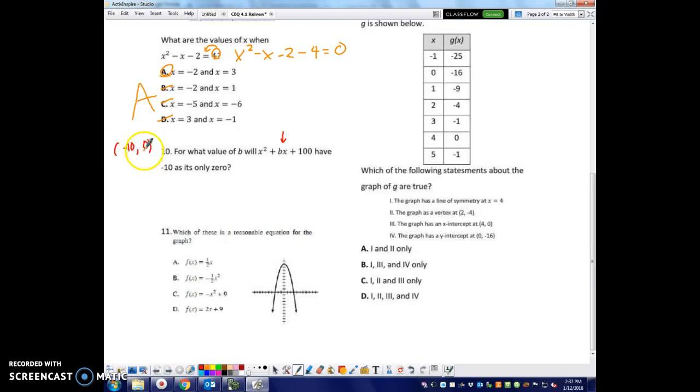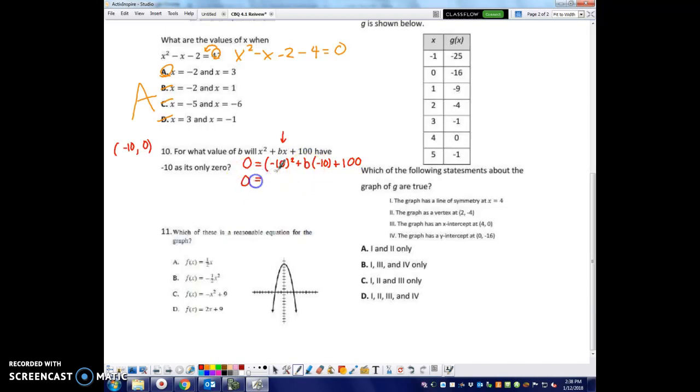Because that's when y is 0. So what we're going to do is substitute those terms. So when y is 0, because f of x or y equals always goes here, x needs to be what? Negative 10. Now we're just going to solve for b.